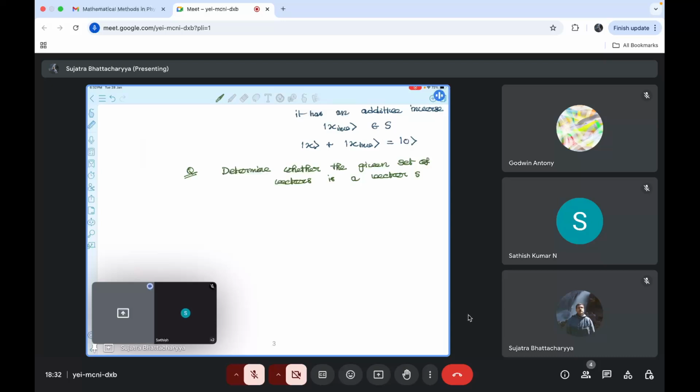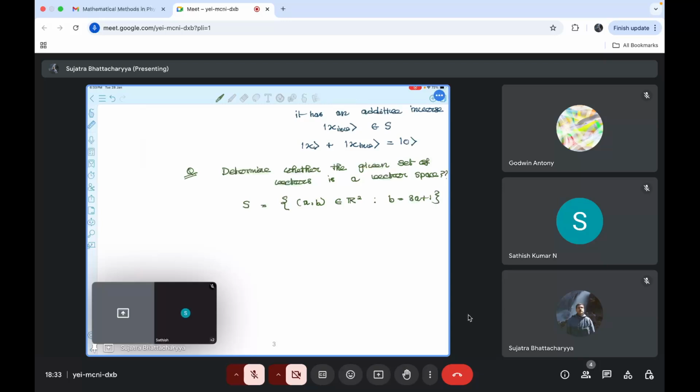So we need to confirm whether the given set of vectors is a vector space or not. So it is like this. This is the set which consists of two elements, A and B. These are two elements which should belong to R square, that is, the real space squared because there are two elements, such that B is equal to 3A plus 1.